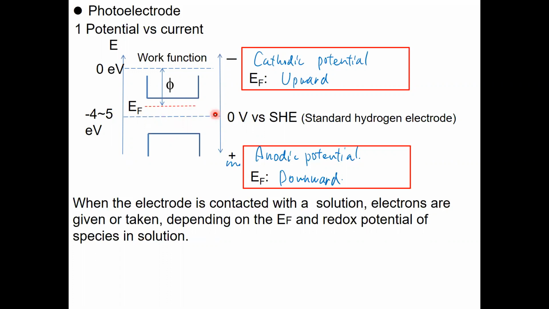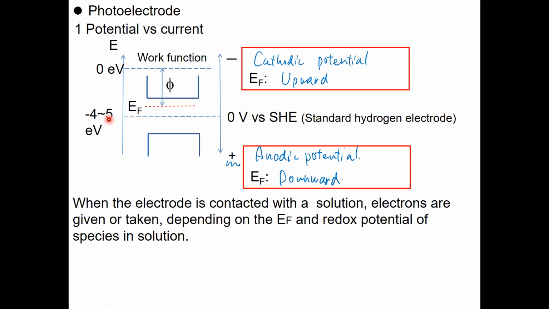Anyway, both of them measure the energy level or energy level control, so they have some correlation, and 0 volt is somewhere around -4 to -5 electron volt.